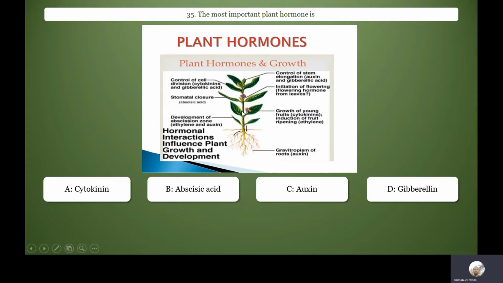It promotes growth in plants and promotes apical dominance. The plant continues to grow straight, inhibiting extension of branches. So very, very important hormone, auxin. 35 C is auxin.